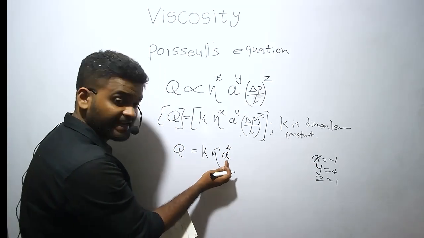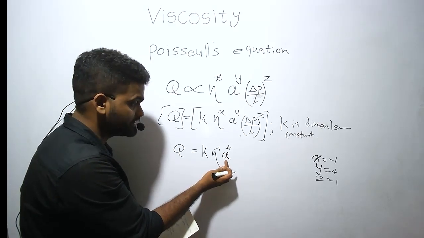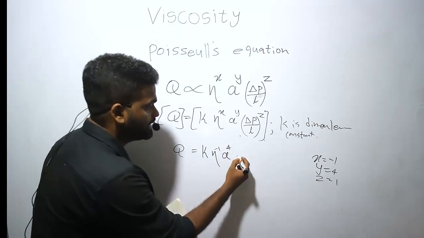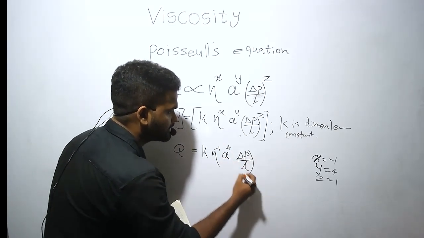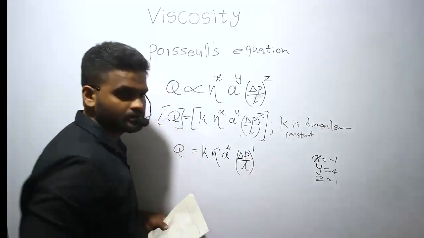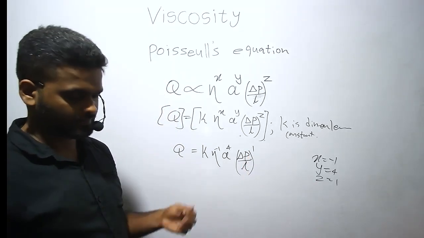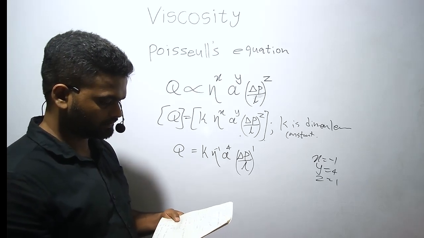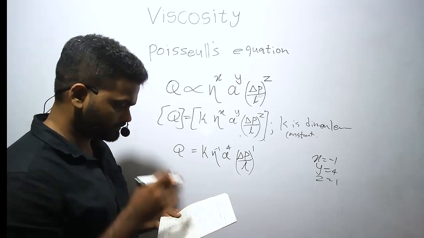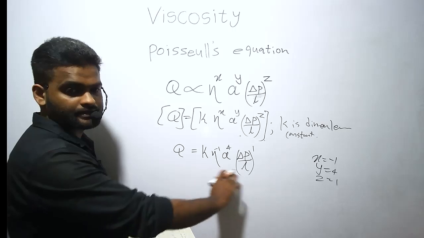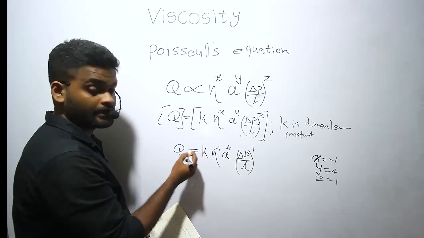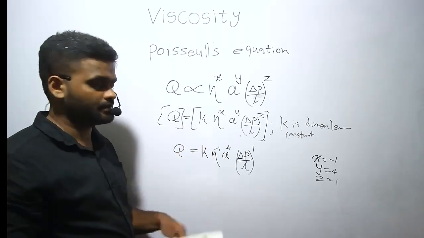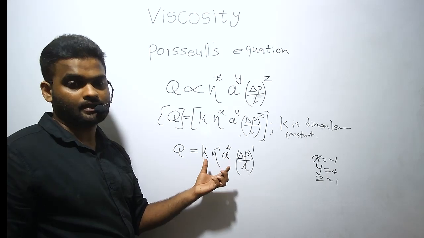This is radius, right? Not area. This is radius, simple a. Then delta P divided by length, to the power 1. Okay, write this down.